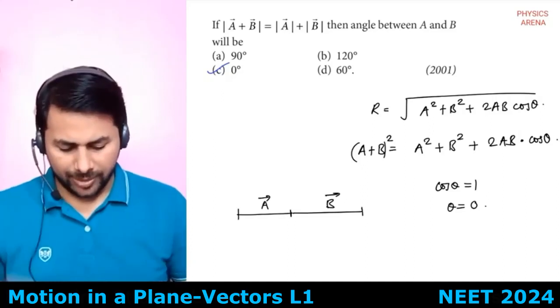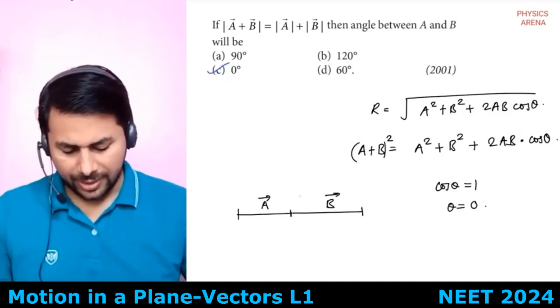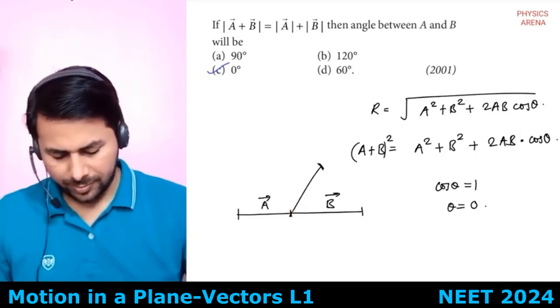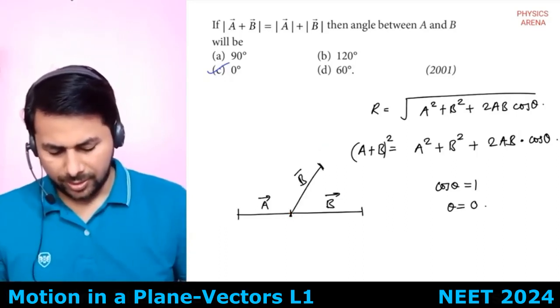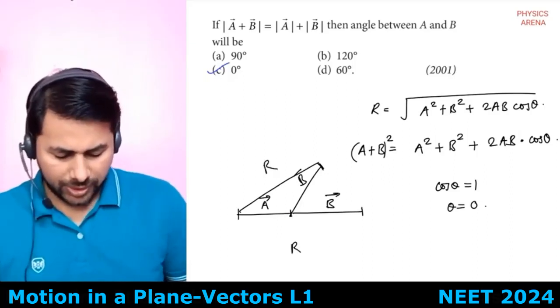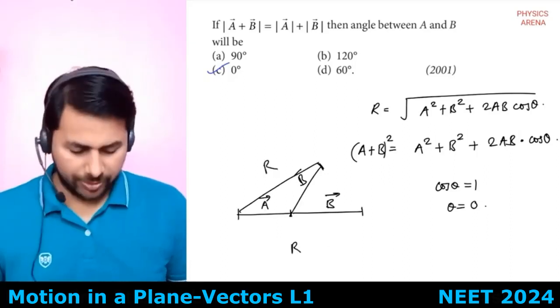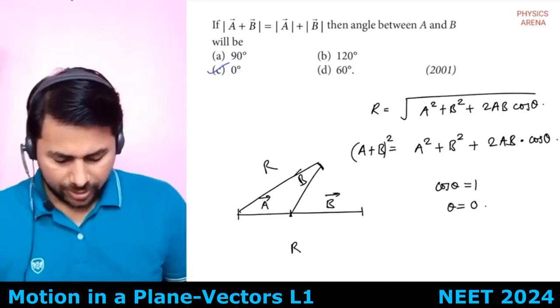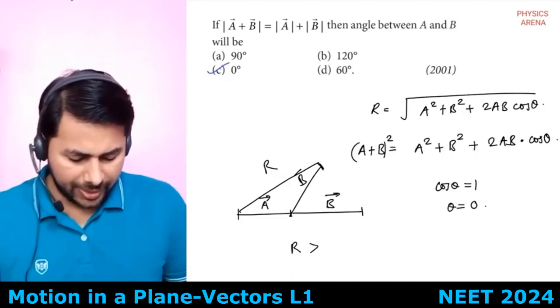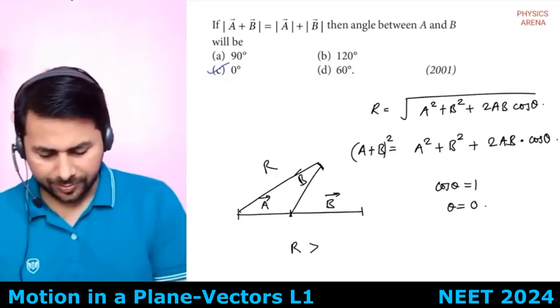You keep b bar in any other direction, you keep it like this. So if this is b bar, now this is your r bar. Now question is, there is some angle between a and b. So now this r's magnitude, will it be greater or will it be lesser?